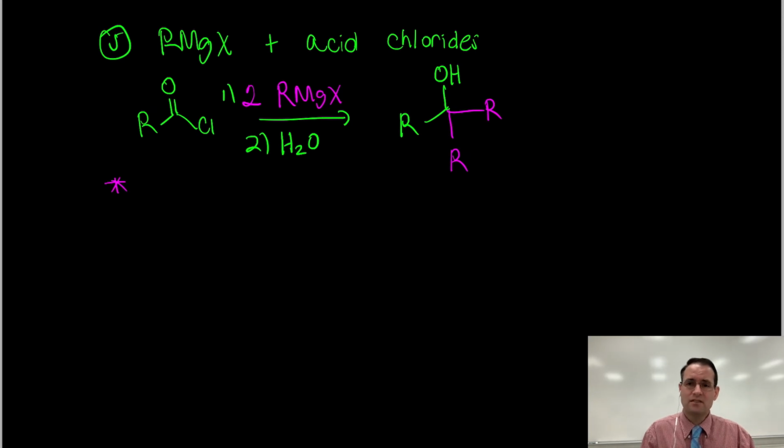How does this reaction work? It works just like we saw with lithium aluminum hydride. We have a carbanion, which could be a methyl anion, an ethyl, maybe a phenyl, whatever. Here I'm just going to draw R. So this can attack, which gives you a tetrahedral intermediate once again.